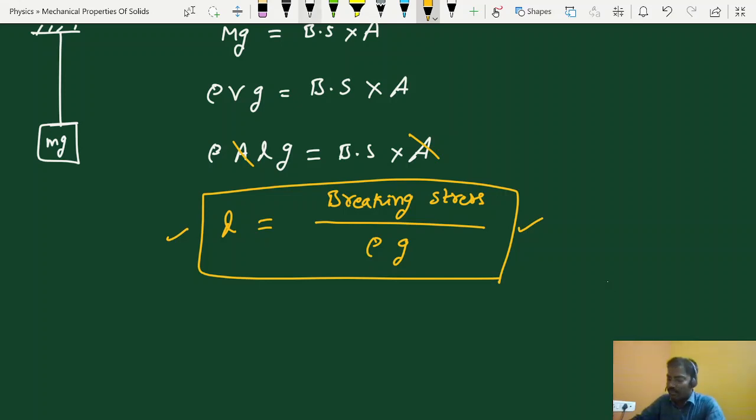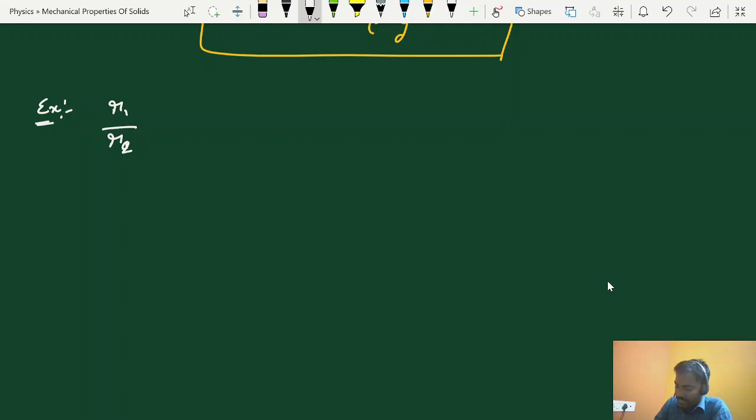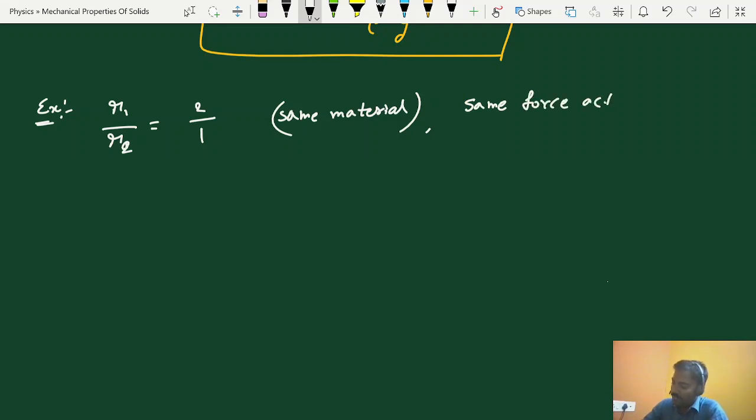Right, students? Now let's discuss a few more examples in the calculation of stress and strain. For example, if the ratio of radii of two wires of the same material is 2:1, and the same force acts, then calculate the stress ratio.